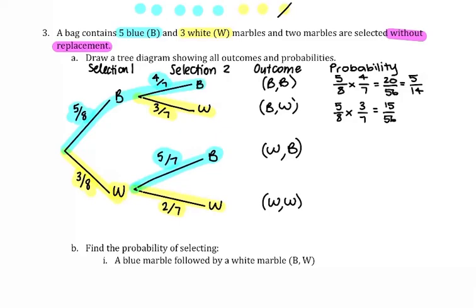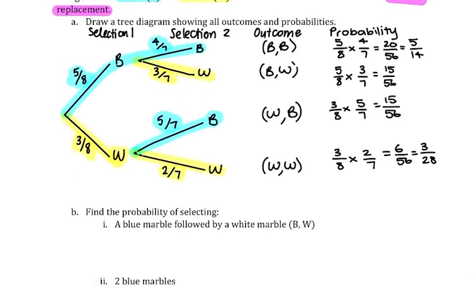For our white-blue, it has a probability of 3 over 8 times 5 over 7, which is 15 over 56, and it doesn't simplify down. And for our outcome white, white, this is 3 over 8 times 2 over 7, which is 6 over 56, which simplifies down to 3 over 28.